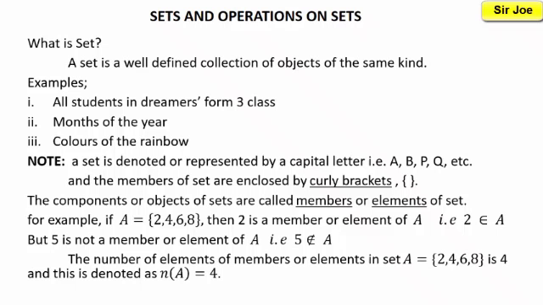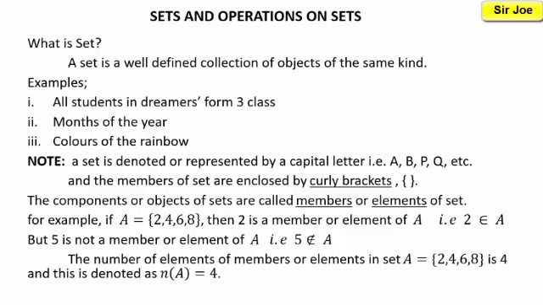Then also, we can say that the components or objects of sets are called the members or elements. I've already explained this, that the members of a particular set are the same as the elements, or the objects.